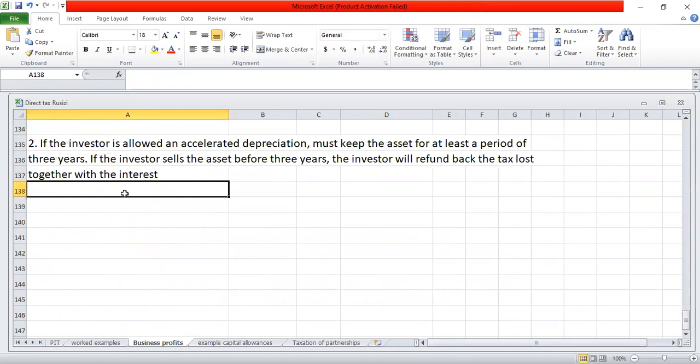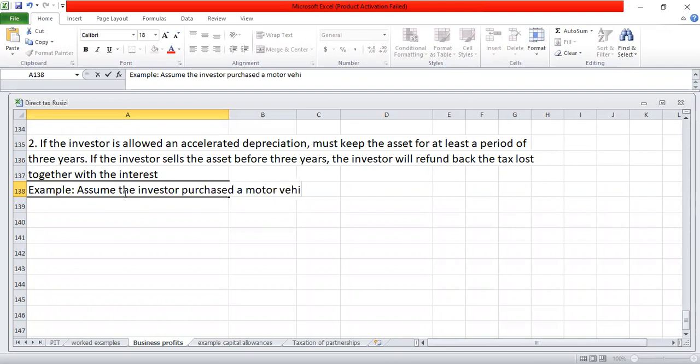Let's look at a simple example to illustrate this. Assume the investor purchased a motor vehicle and it is registered.